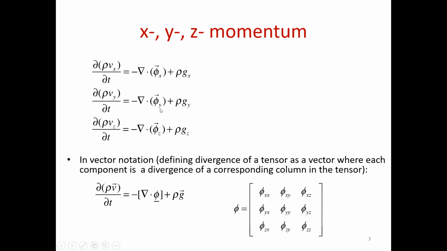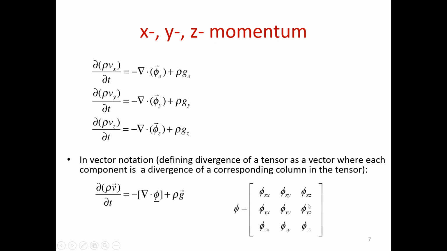Okay? Now, phi y, by definition, is three numbers that tell me how y momentum transfers across the x, y, and z planes, yes? So phi y is phi yx, phi yy, and phi yz. Where can I recognize that? It's right here, the second column.